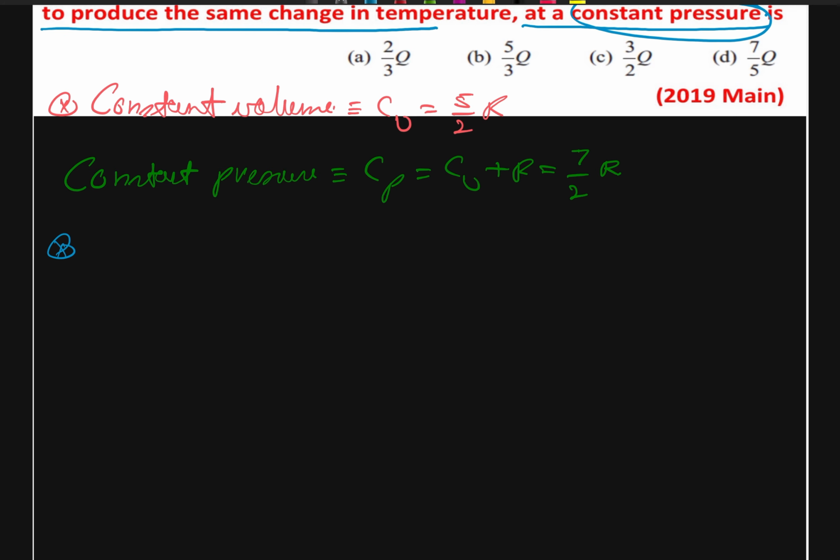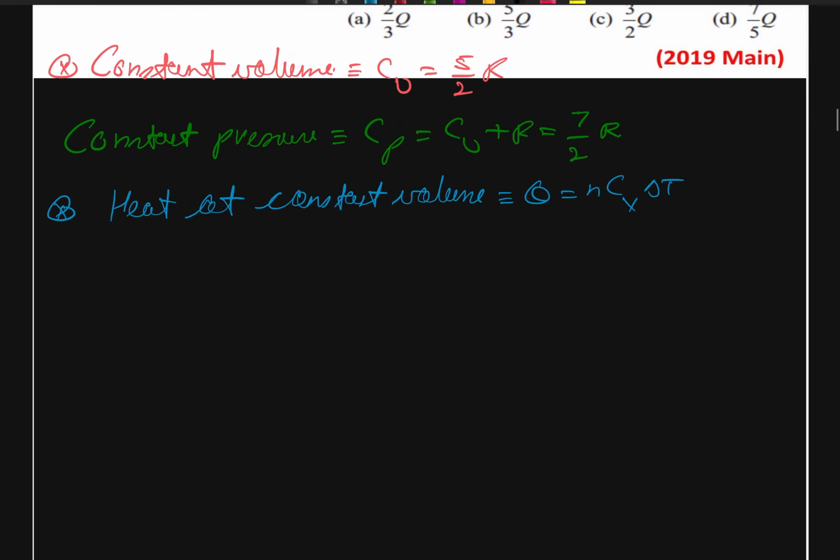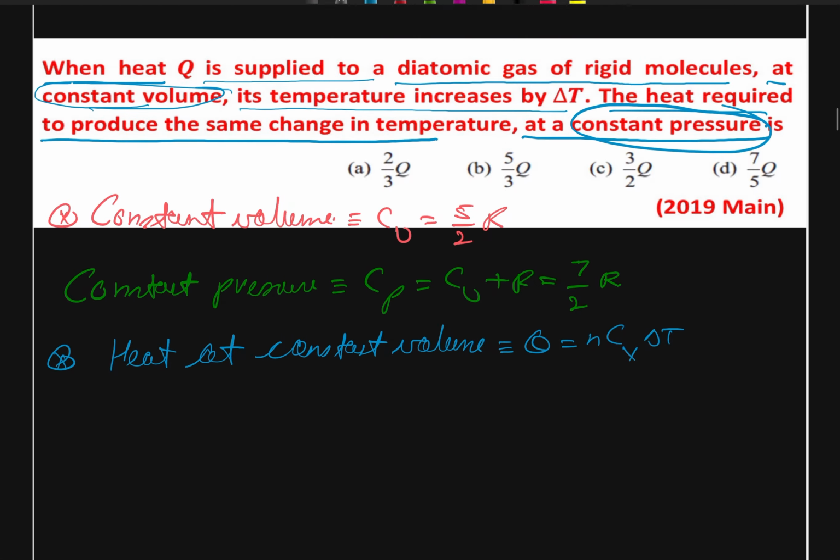And we also know that the heat at constant volume is given as Q will be equal to n C of V multiplied by delta T, and it states that there should be the same change in temperature at constant pressure.